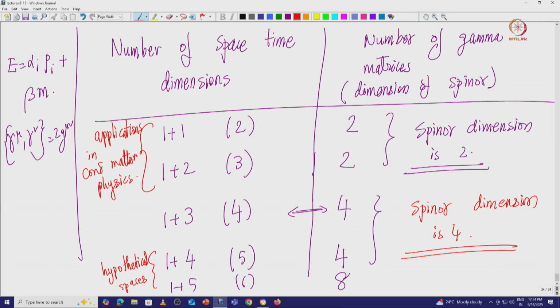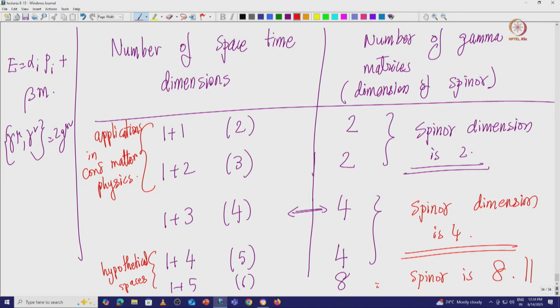Now, you raise the dimensions by 1 more. If you have 6 dimensions, the number of alpha matrices is 5 and one beta matrix, so there are 6 linearly independent matrices. If you want to find 6 linearly independent matrices, it is only possible with dimension 8 matrices, and so the dimension of the spinor is 8.